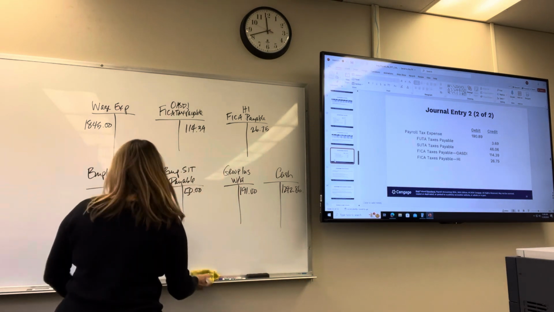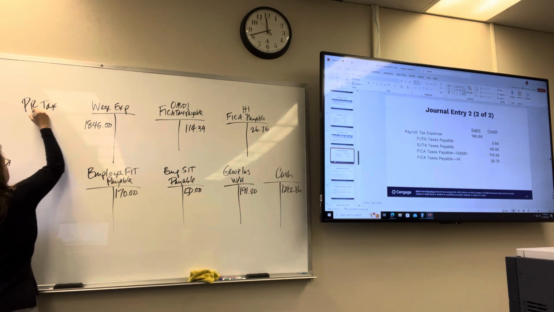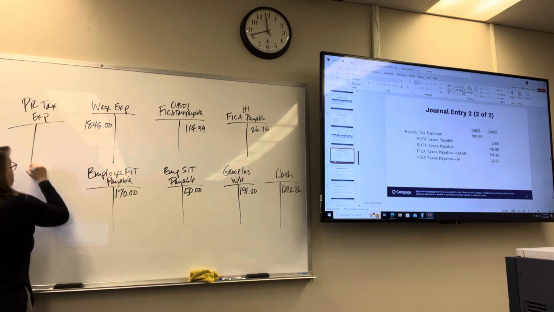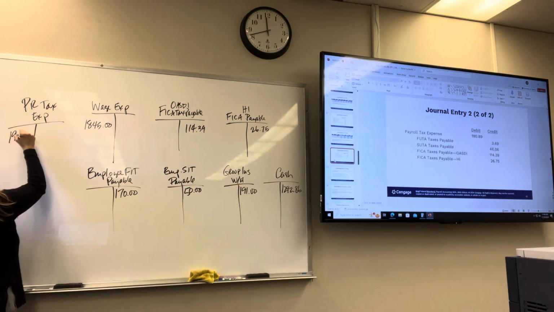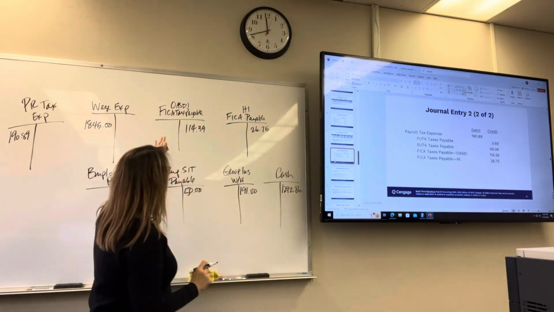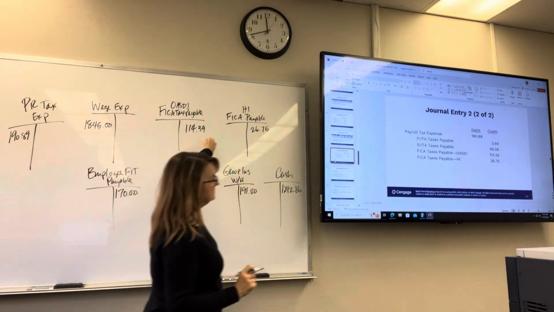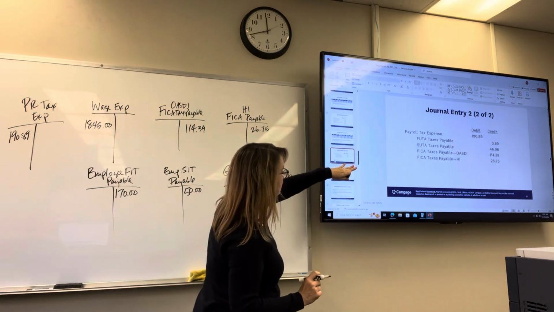All right, so we've got a couple of new accounts here. So payroll tax expense has its own, 190.89. FUTA taxes payable. We already have an account set up for that, so we can transfer. Oh no, we don't have FUTA. Sorry, I was thinking of the OASDI.